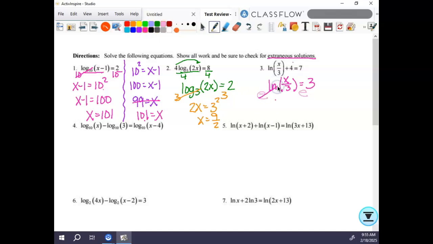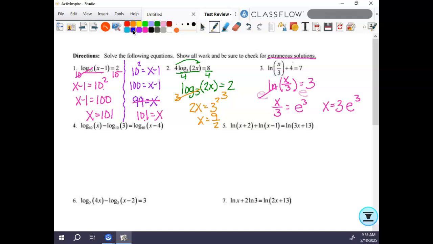So those essentially cancel out, and I get x over 3 equals e cubed, and e cubed is just e cubed. Multiply both sides by 3, and x equals 3e cubed. And when I substitute this in here, 3e cubed divided by 3 is e cubed, which is a positive number. So I'm good, even if you have no idea what the value actually is.